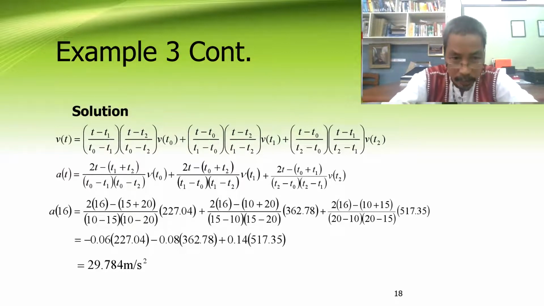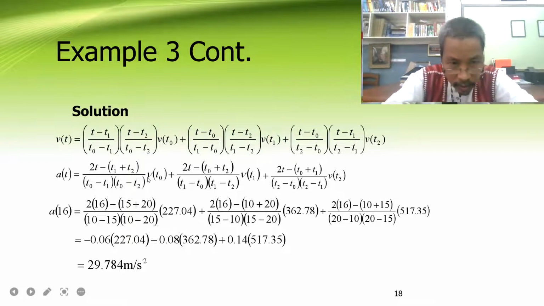So you can evaluate. You can just simply substitute. And you will notice, sir, what is the value for velocity T0? Velocity 10 is given. Velocity T1, sir, is velocity at 15. That is given from the problem. T2 is velocity 20.